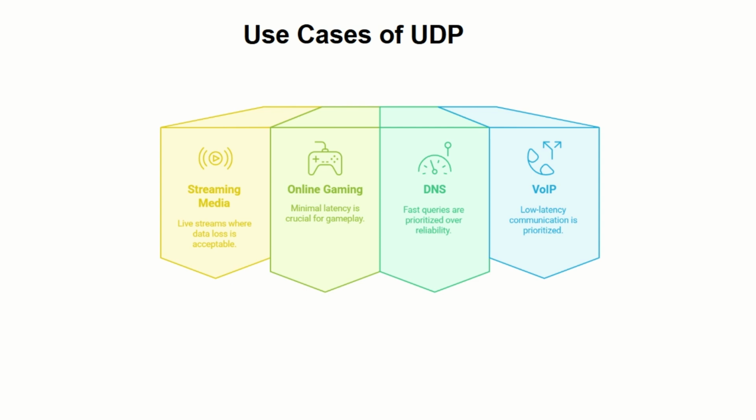Again, for UDP, streaming media like live streams, where occasional loss of data doesn't affect the experience much, and gaming, where minimal latency is more important than retransmitting lost packets. The Domain Name System needs fast query and response with no need for reliability, and voice over IP prioritizes low latency communication even if some packets are lost.